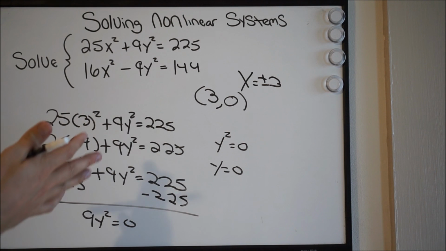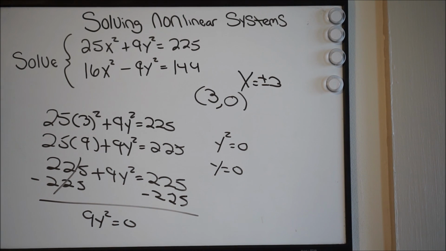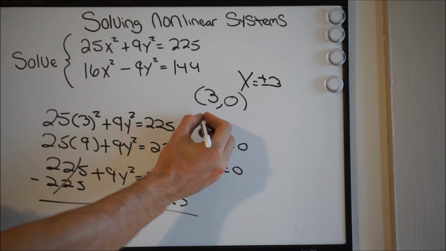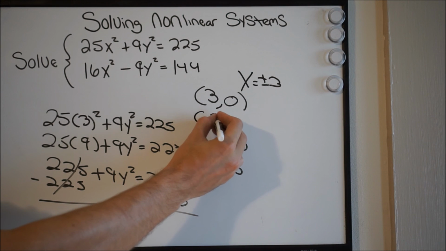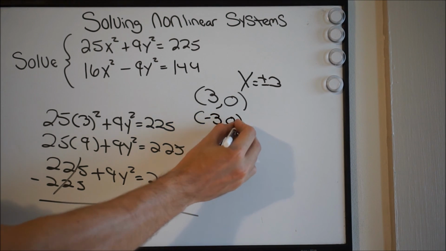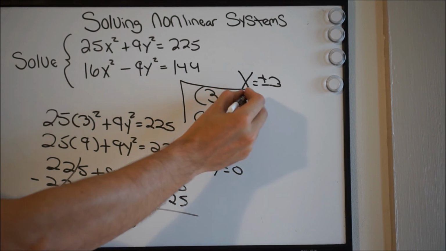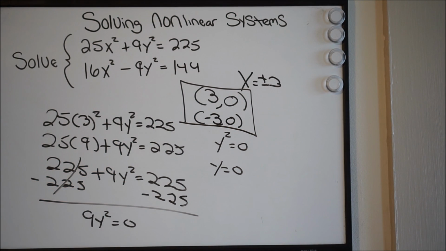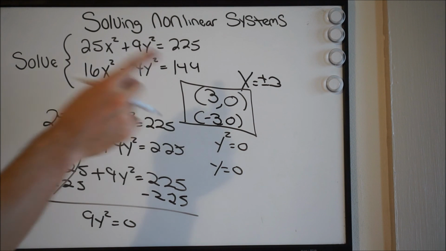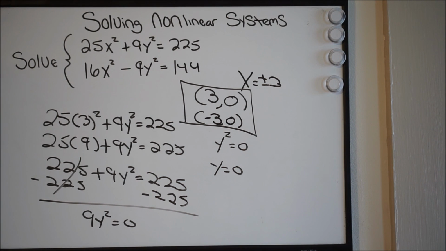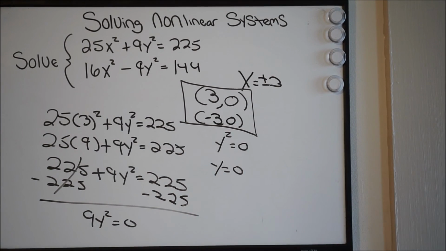So the result is going to be the same. When I plugged in a negative 3, I also got a 0. So this is going to be your solution: the points of intersection at (3, 0) and (-3, 0). And that is it.